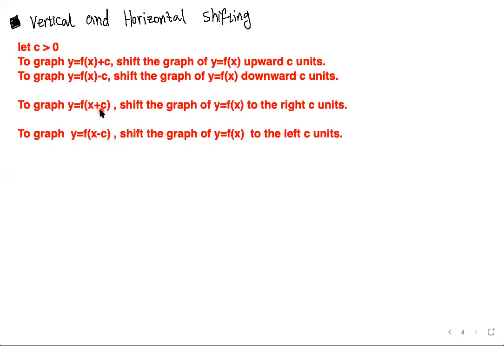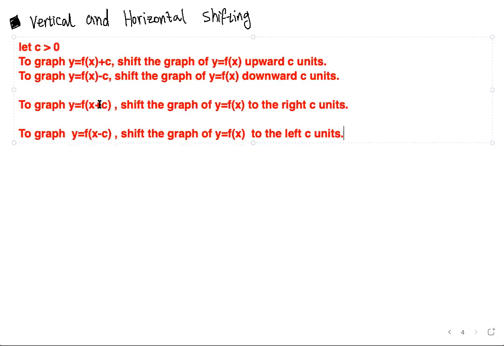Something is wrong here. I think if x plus c, we have to shift it to the right or left. Is it true here? No, something is wrong here. It should be x plus c here, minus c here. So I'm going to fix it. So here minus, and here positive.